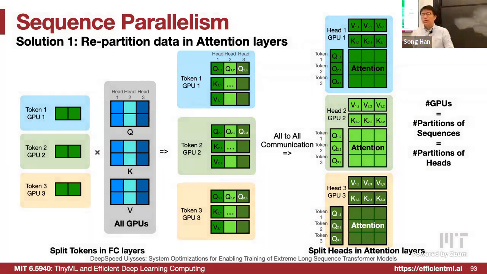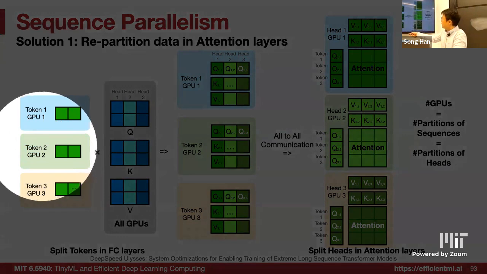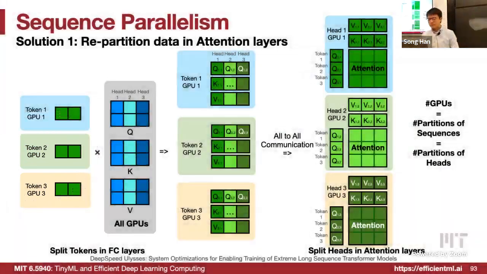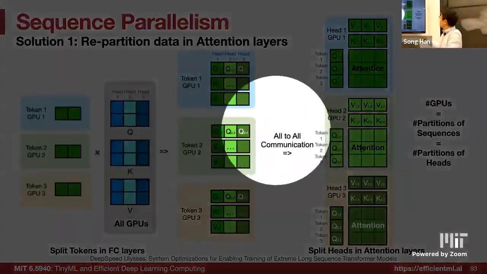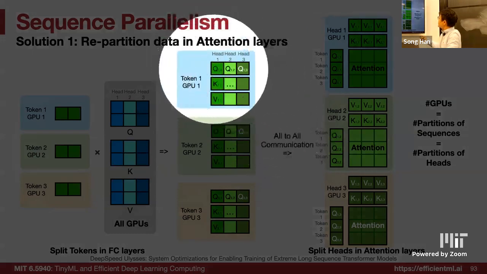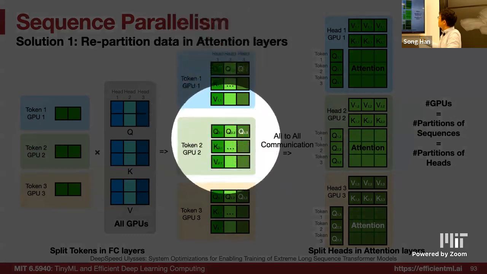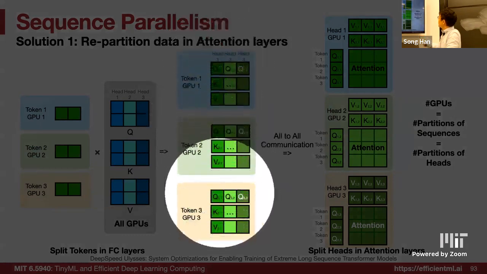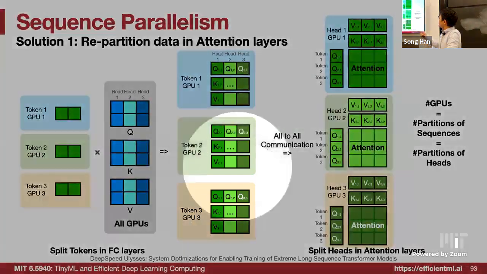And now we want to do the attention. Attention requires the first part of the token to also attend to the second part and the third part. So how do we do that? We want to do all-to-all communication right here. For all the queries previously in GPU1, GPU2 and GPU3, we have different heads, right?